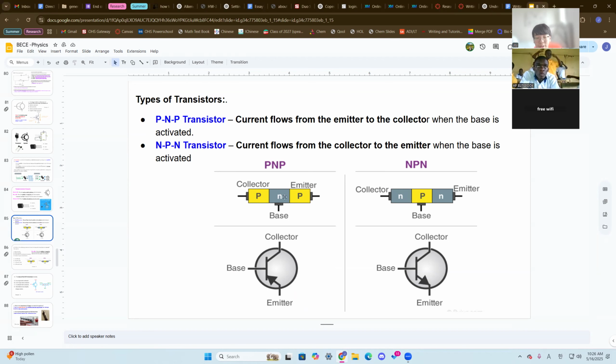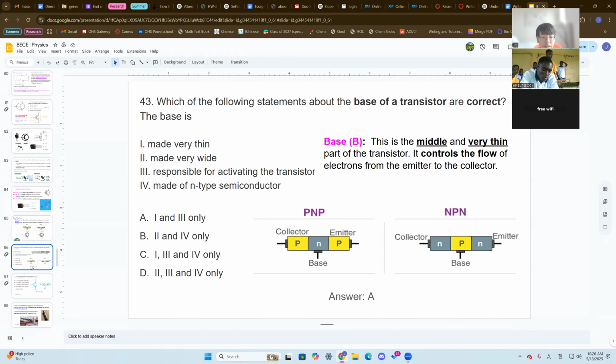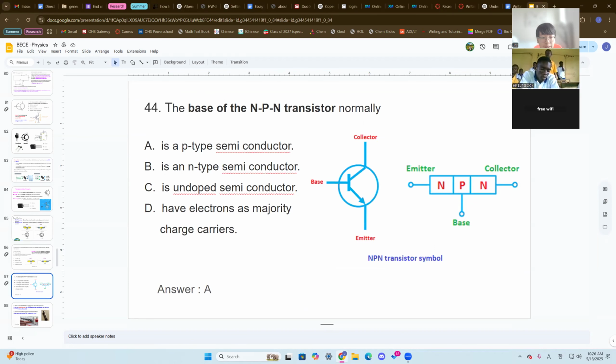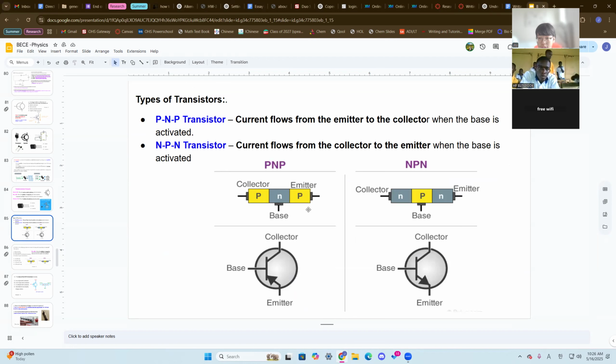So whenever they ask you a question about what type of semiconductor is here: if it is PNP, it is an N-type because N is in the middle. It's the base. But if it is NPN, P is in the middle and it is a P-type semiconductor.